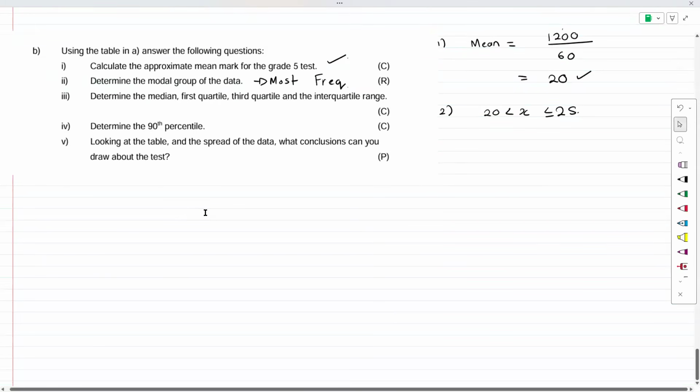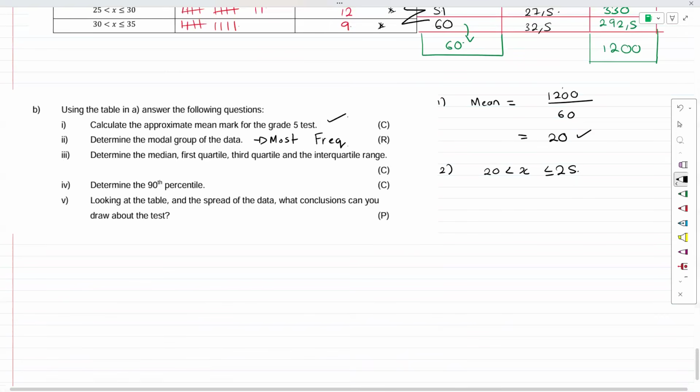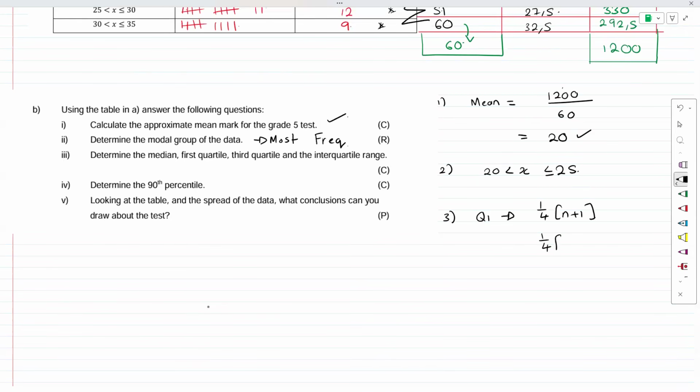Determine the median, the first quartile, the third quartile, and the interquartile range. Okay, excuse me, guys. When it comes to this part, we know Q1 should be 1 over 4 n plus 1. So this is 1 over 4 into 60 plus 1.